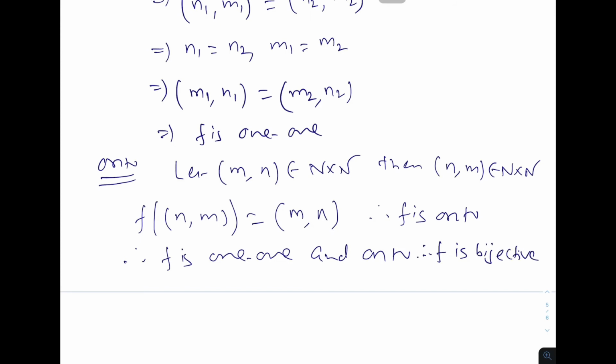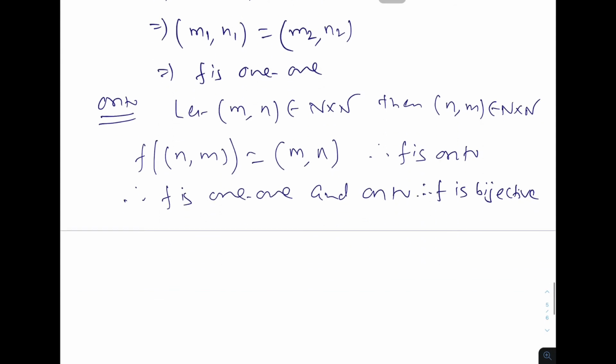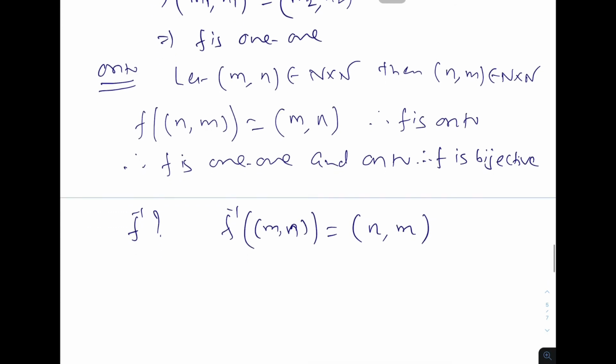Someone may also ask the inverse. F inverse is what? F inverse of (m, n) can be asked, but that will be seen from here. F inverse of (m, n) is, we are having (n, m).